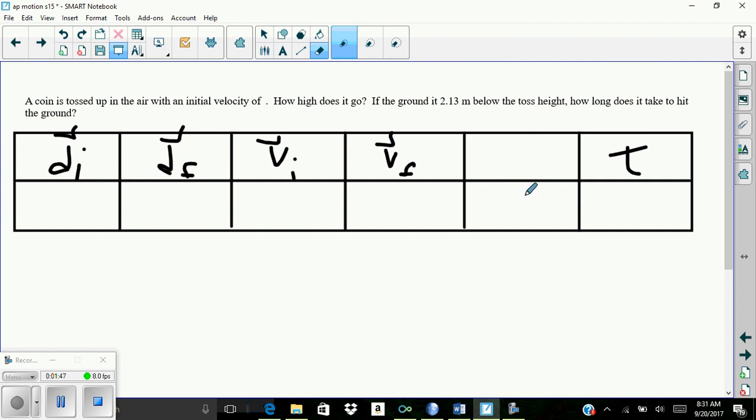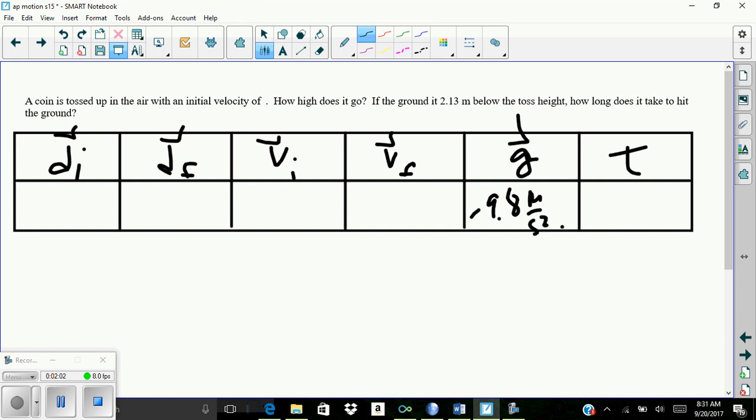It just makes it easier for me. You don't need to, but please make sure you understand that in free fall problems, this is really g. So we're going to automatically put in 9.8 meters per second squared j hat. It can't change. It is what it is.